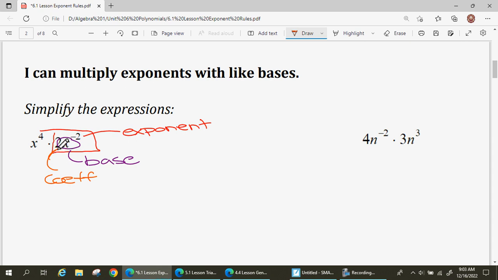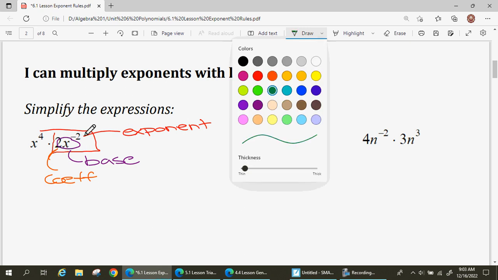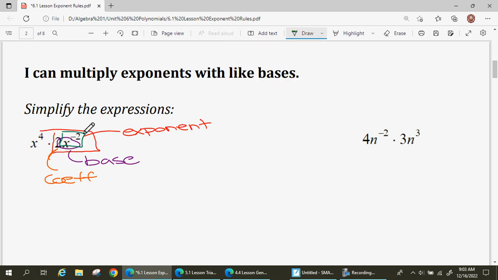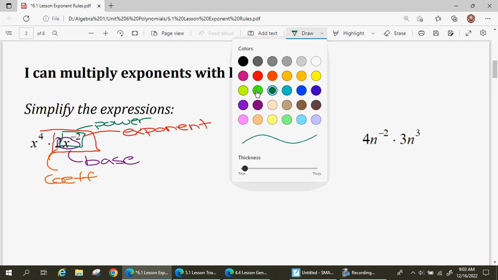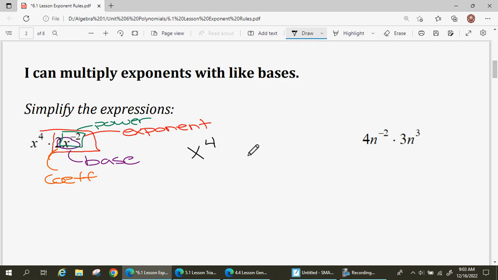And then the coefficient is something that we're multiplying times this power. When we put the base together with the exponent, it's called a power. It's getting a little messy here, so I'll rewrite this. And that little dot just means we're going to multiply these two terms.